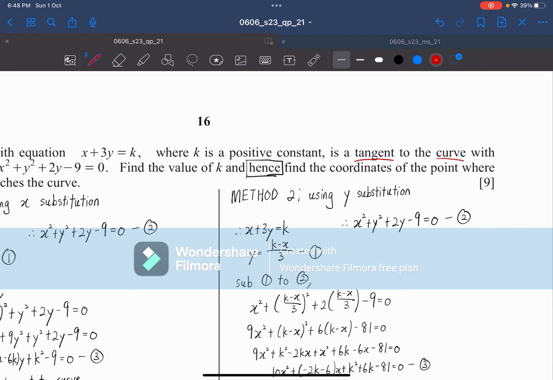That means it intersects the curve at one particular point. So this implies that the discriminant is equal to 0. When you equate both the line and the curve together, the discriminant is equal to 0. The reason is because it's a tangent, and a tangent implies that there's going to be one intersection point, right?